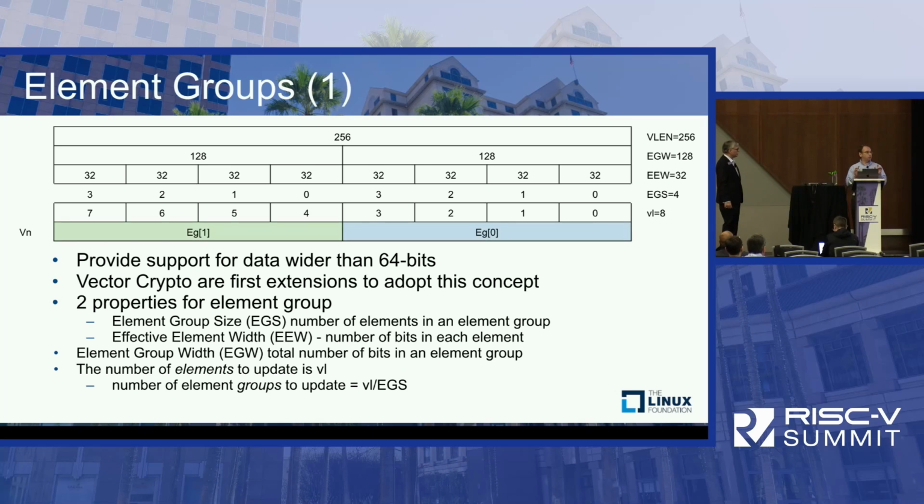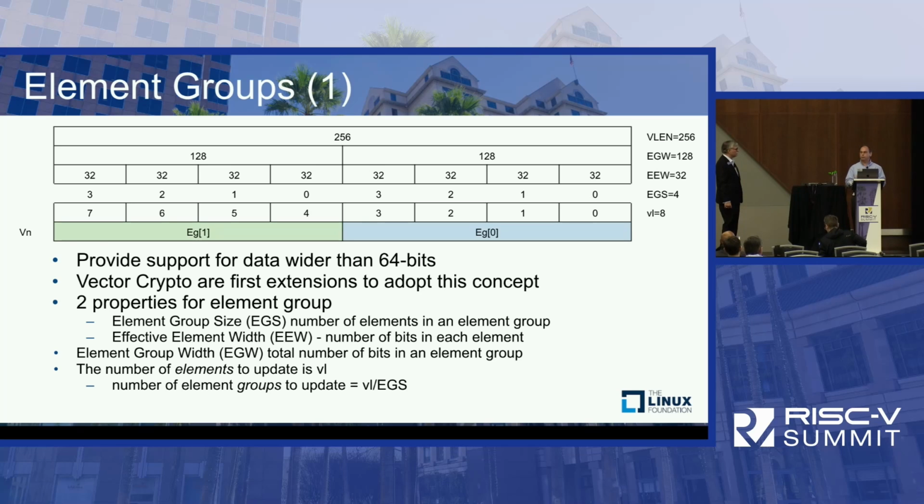Okay, so here I'm going to talk a little bit about element groups. Element groups are a way for us to deal with data that's wider than 64 bits, which is really the limitation in the base vector extension right now. This isn't something that's unique to vector crypto, but we are the first ones to actually use element groups.